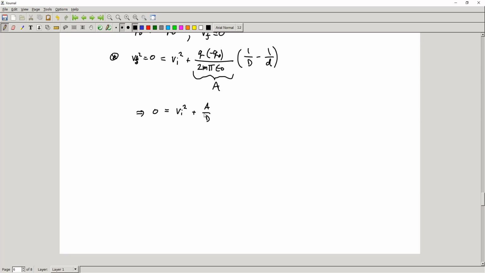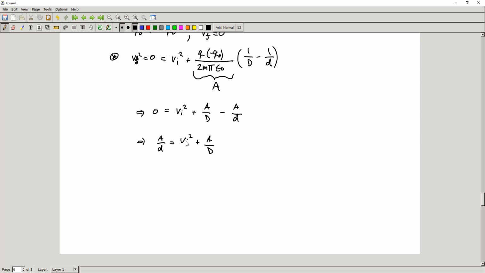I'll just leave it like this and do one more step. So we'll leave it like this, and a over small d, right? And so let's move some of this stuff over to the other side. We can move what we're looking for over to the other side. So I'm going to add this to both sides. We're going to end up with a over d is equal to vi squared plus a over d.